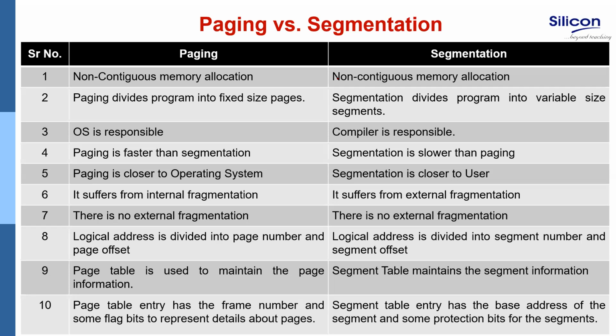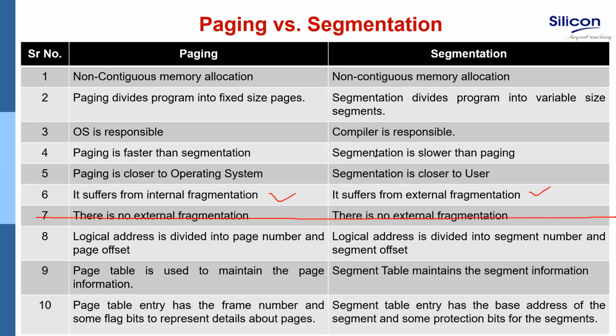In paging, generally external fragmentation doesn't occur, but in segmentation, external fragmentation may occur, right? This line is actually written correctly. It suffers from external fragmentation, right? And paging may suffer from internal fragmentation. This line is written correctly.